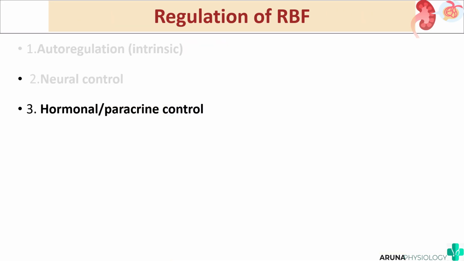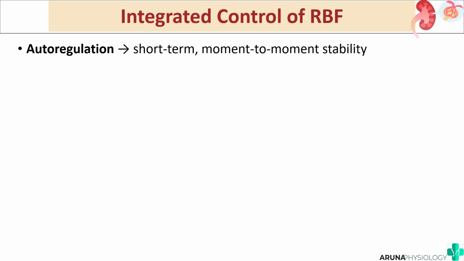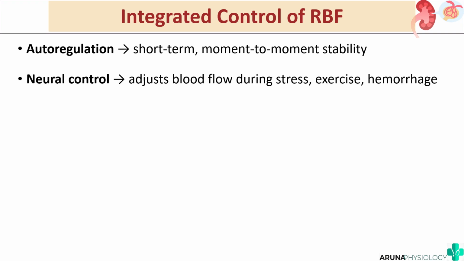Thus we have seen the three important mechanisms by which the renal blood flow is regulated. So why do we have three? Autoregulation gives short-term, moment-to-moment stability. The neural control adjusts the blood flow during stress, exercise, hemorrhage. When you have a short-term problem, it is the neural control that comes in.